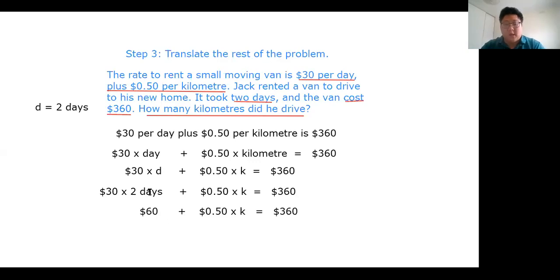Because if you can see here, there is a positive $60. If there's nothing in the front, you assume that it's positive. So it's positive $60. So the way we do that is to get rid of it, which is do the opposite, minus. So we're going to minus $60 on this side, and we're going to minus $60 from the other side, because whatever you do to one side, you do to the other side.